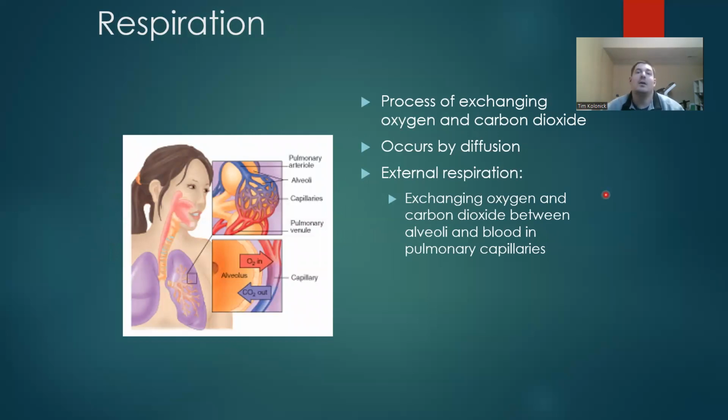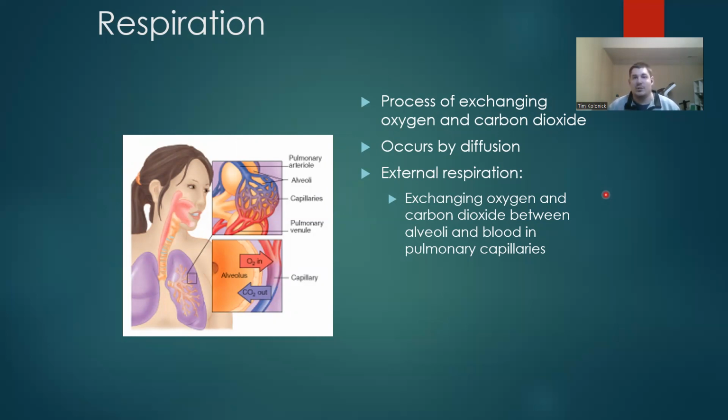Respiration, right? Again, like I said, there's internal and external respiration. This happens by diffusion. And what I mean by that is, when you take a breath in, we've got a higher amount of oxygen in our lungs, less in the bloodstream. So oxygen is just going to passively cross that membrane and go into the bloodstream.